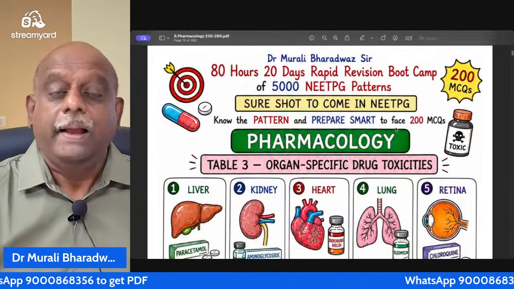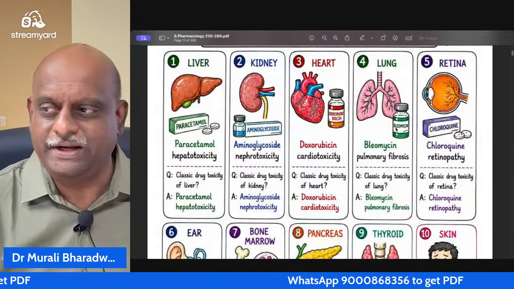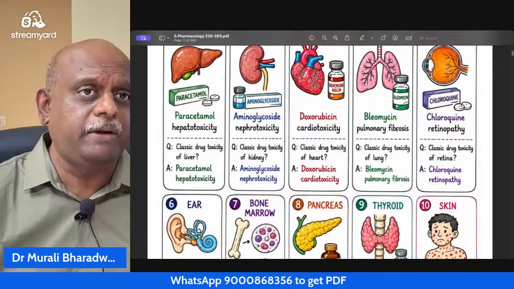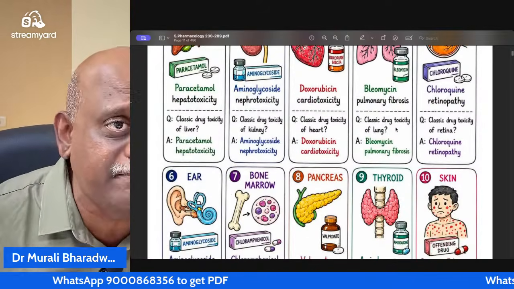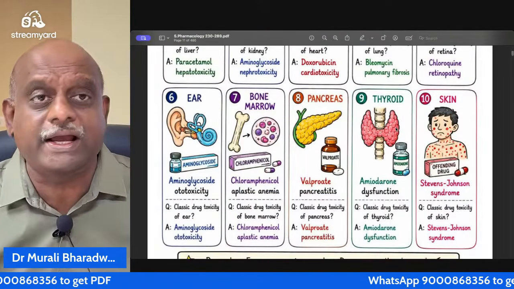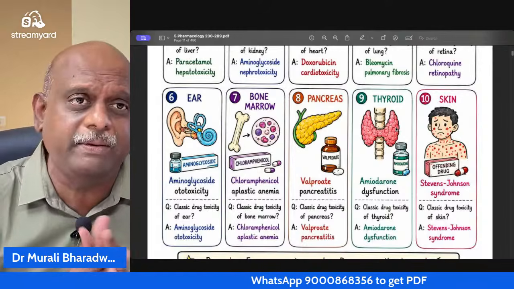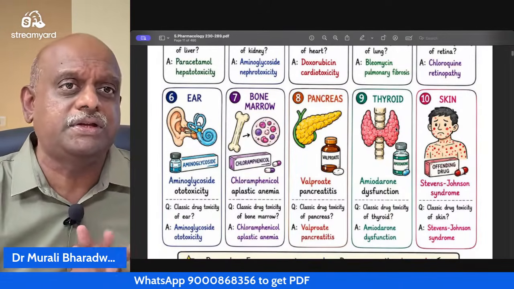Now, paracetamol, classically hepatotoxicity. Aminoglycoside nephrotoxicity, doxorubicin cardiotoxicity, bleomycin pulmonary fibrosis, chloroquine leads to bullseye maculopathy, a type of retinopathy. Aminoglycosides cause ototoxicity, chloramphenicol causes aplastic anemia. Sodium valproate leads to pancreatitis.